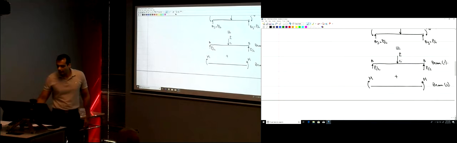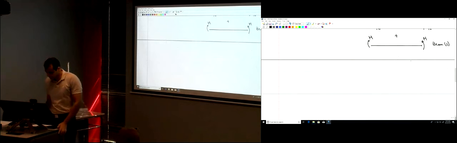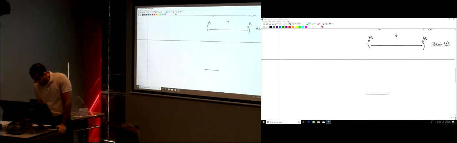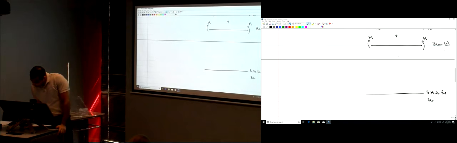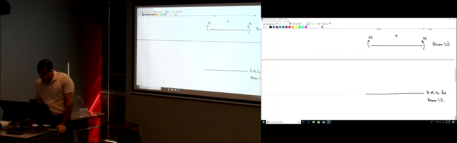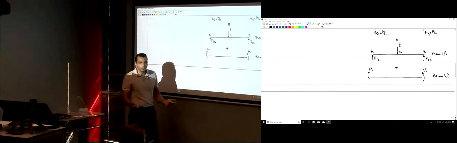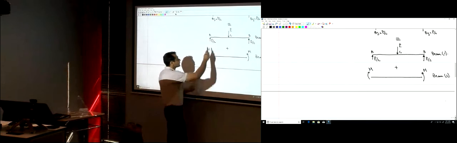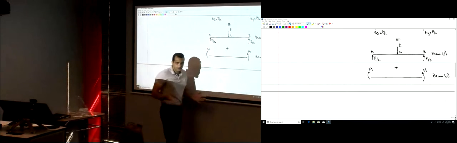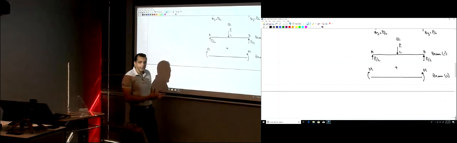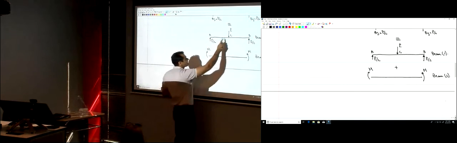To draw the bending moment diagram for beam 1, you take the moment at the critical points. What are the critical points? A, B, and C. How much is the moment at point A? 0. How much is the moment at point B? How much is the moment at point C?